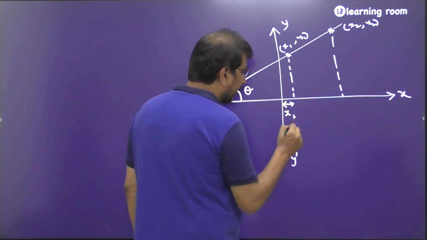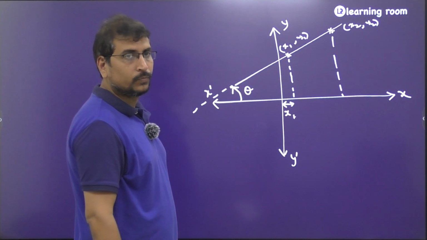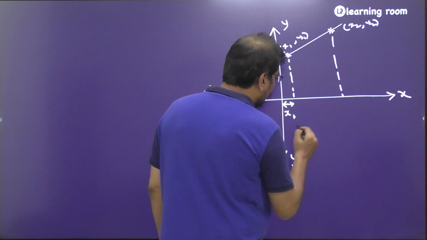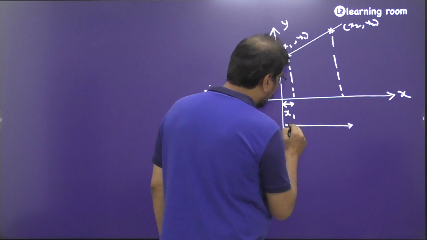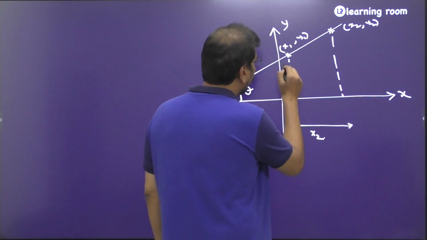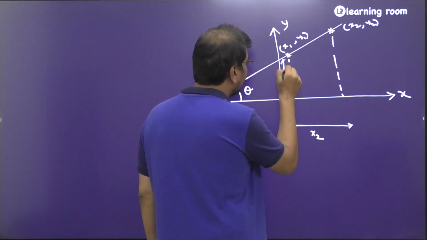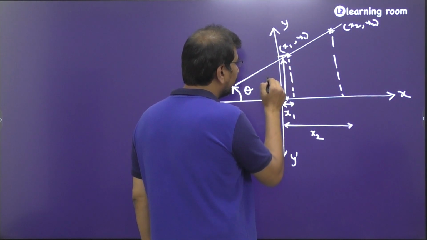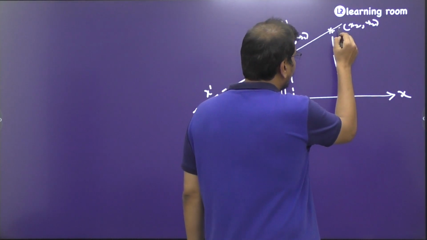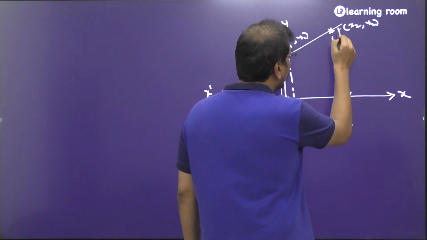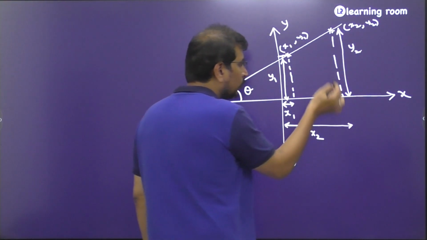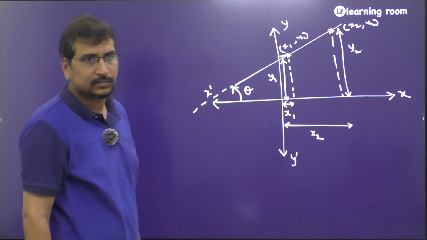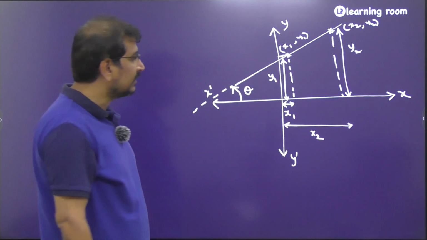This is x1. Am I right? So what about this distance? Obviously, x2. If I drop a perpendicular from here, then what is this distance? It is y1. Then what is this distance? y2. So y2 is basically the distance from the x-axis, and y1 is also the distance from the x-axis.